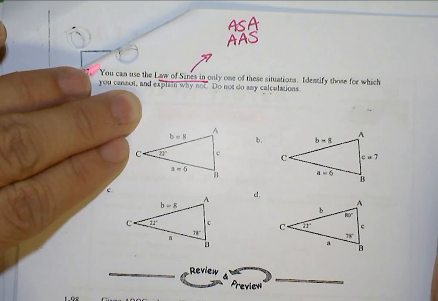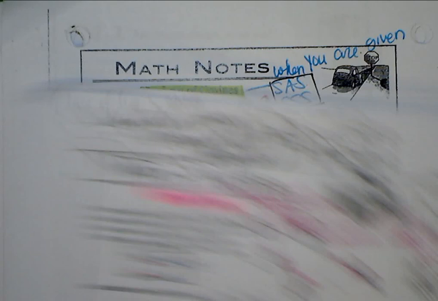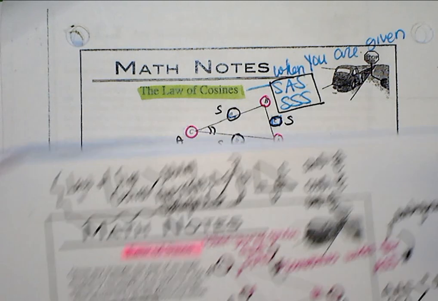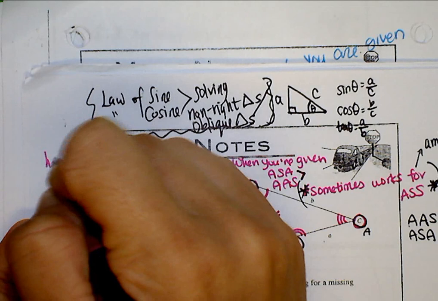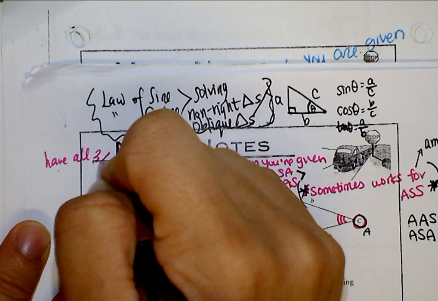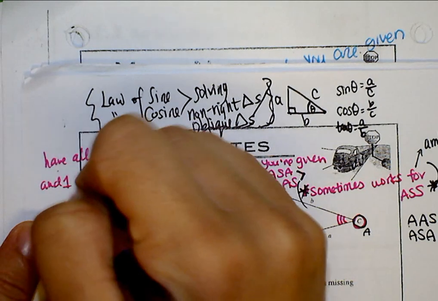If you think about it, if you have two angles, you have all the angles. So basically, the law of sines works when you have all three angles and one side.